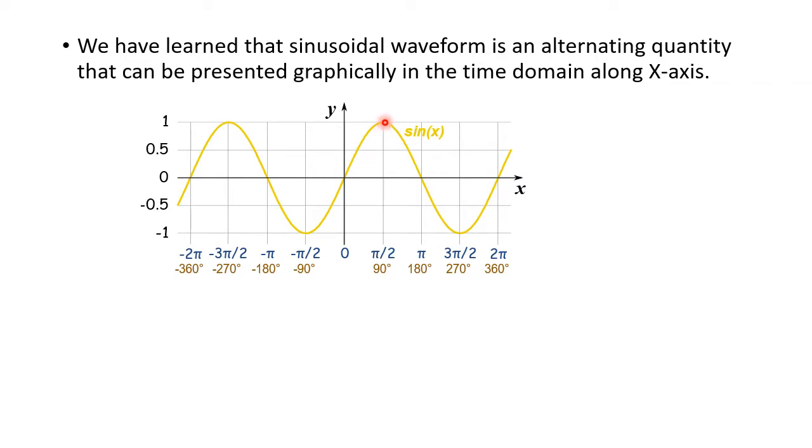At this point it reaches a maximum value, or another way we can call it the peak point. Then from 90 to 180 degrees the value of y is decreasing. At this point it again reaches 0. Then again it is increasing in the minus portion, then decreases to 0. At 2 pi it is coming back to 0. So this is what we call a sine wave.